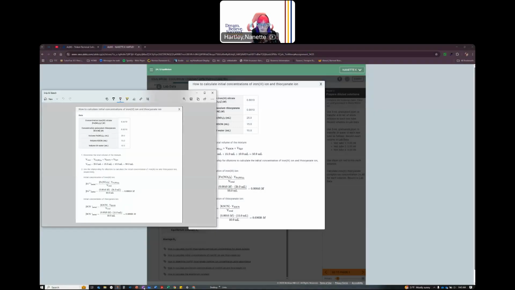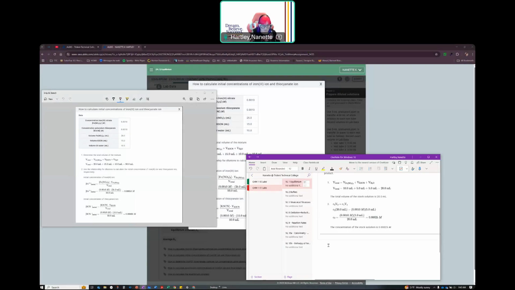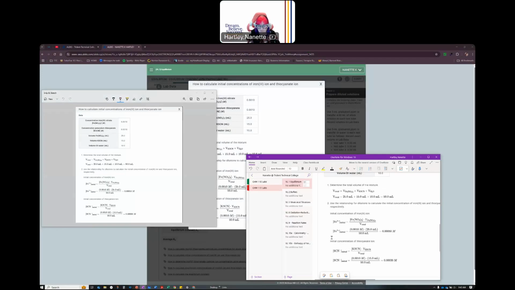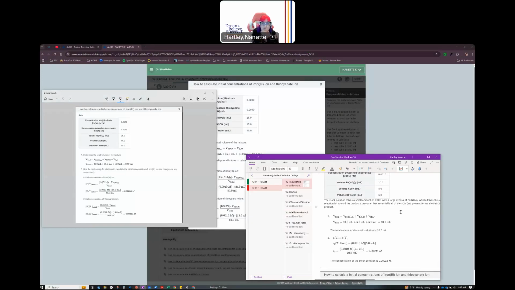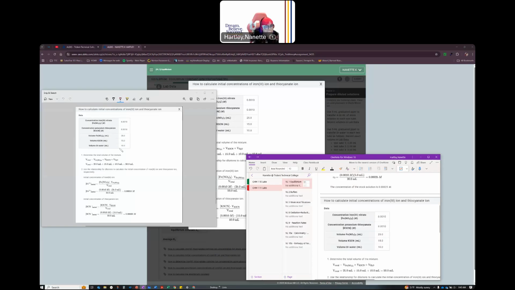I'm going to put this over here. But in looking at this, I haven't added the SCN, I've just added water.